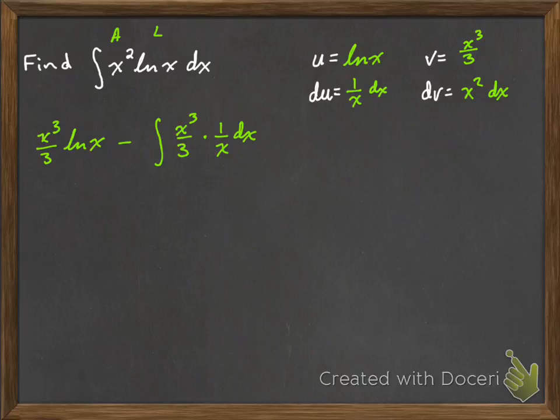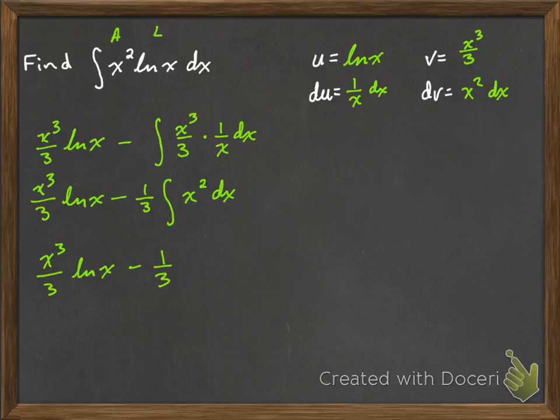Now we can simplify things just a bit here. We can take the 1/3 out in front of the integral as a coefficient. x cubed over x reduces down to just x squared dx. Now we can take the integral of this, fairly easy.